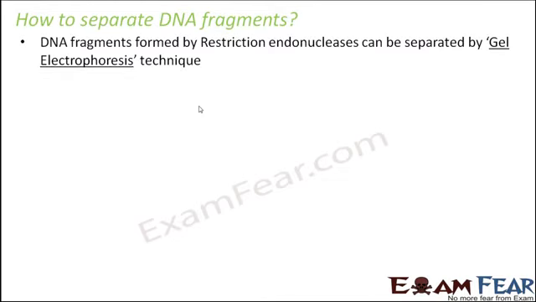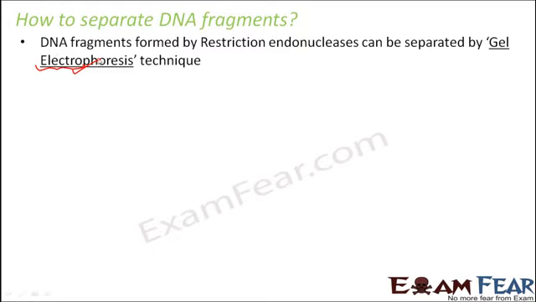So what is this gel electrophoresis though? It's a big name. So why this name? It has a gel because it makes use of agarose gel, which is made from agar. So this agarose gel is being used here. That is why the name has a gel. Electrophoresis. Now the word electro is related to electricity. So here electricity is being used, or an electric field is set up, as a part of the process.